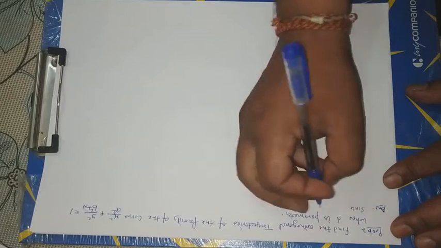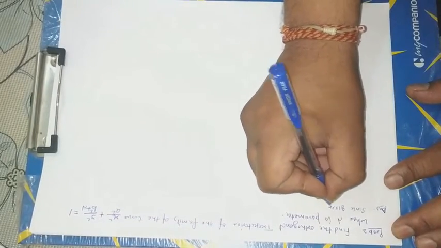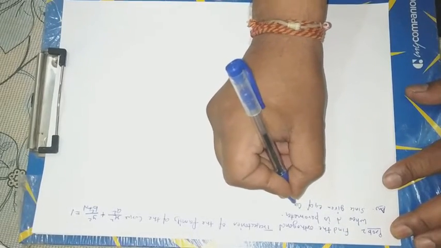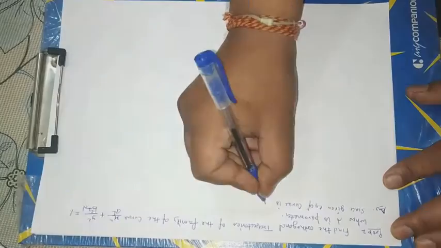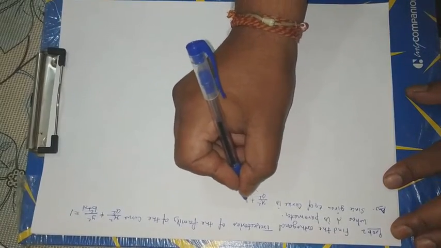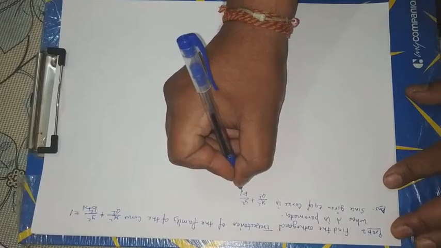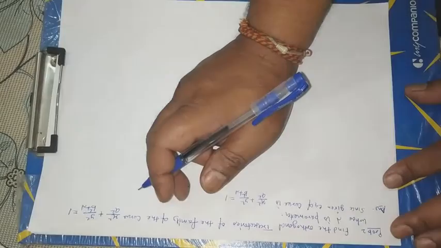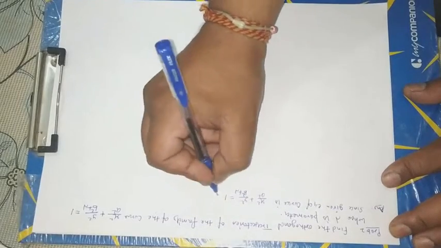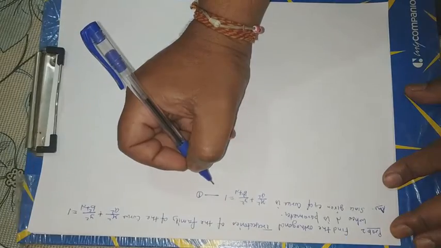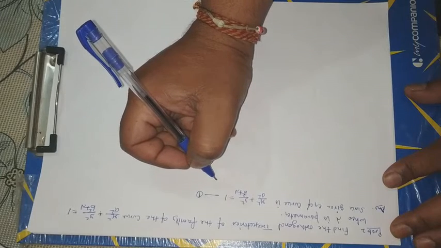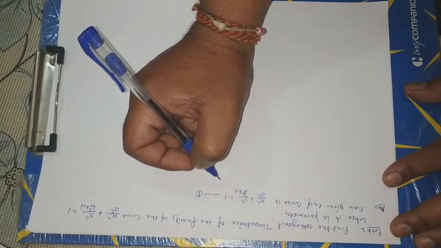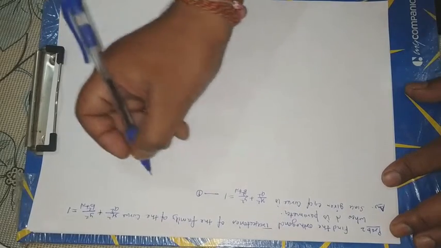Since the given equation of curves is x square upon a square plus y square upon b square plus lambda equal to 1, represented by equation number 1, where lambda is a constant parameter. Now differentiate with respect to x in equation number 1.